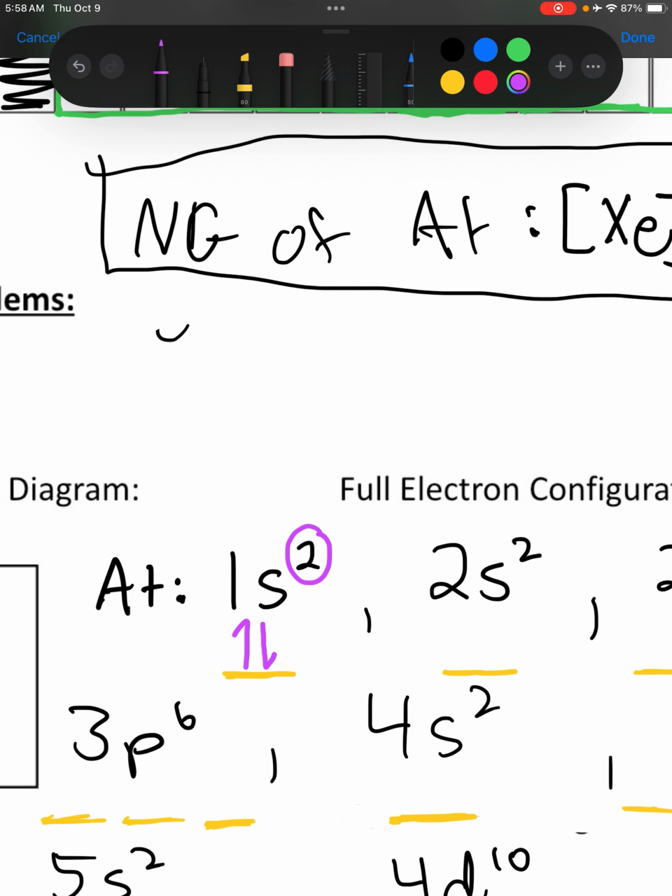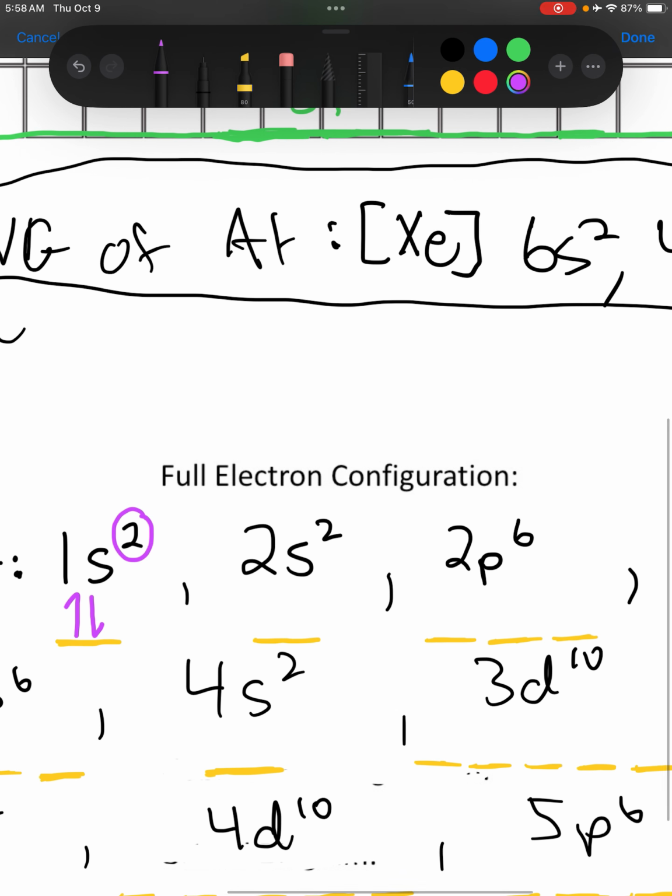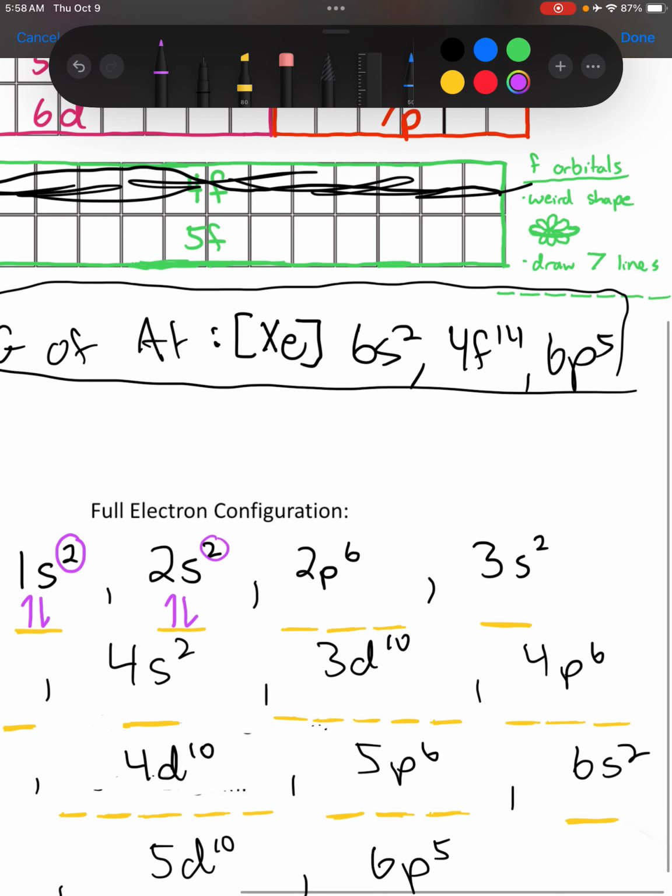Why do you use half arrows? Because somebody decided at some point that you should, but if 2 arrows are on the same line, they've got to be spinning the opposite direction. So every time you see an S with a 2, we put 2 arrows.